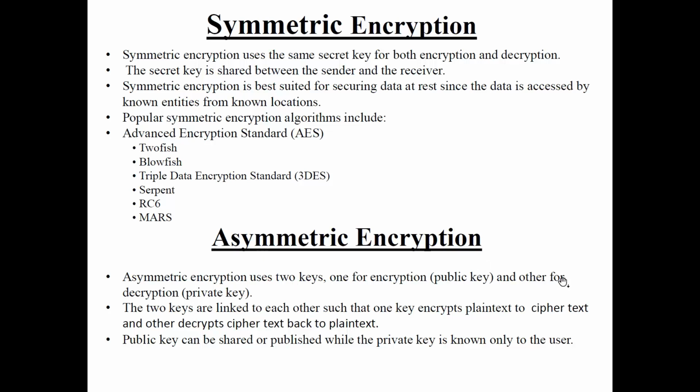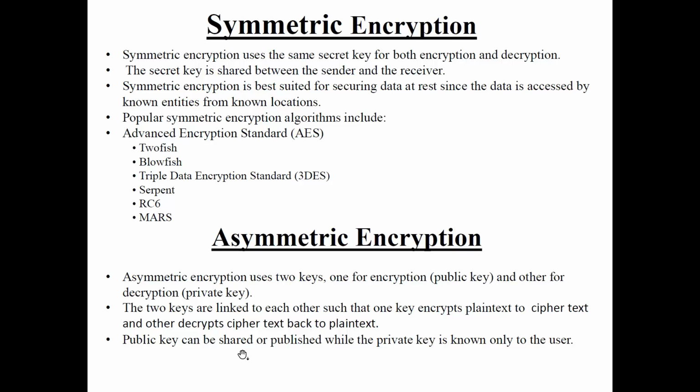Asymmetric encryption, on the other hand, uses two keys. One is for encryption and the other is for decryption. The encryption key is also called the public key, and the decryption key is also called the private key. The two keys are linked to each other such that one key encrypts plain text to ciphertext and the other decrypts ciphertext back to plain text.